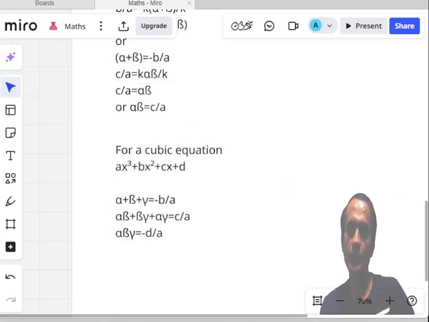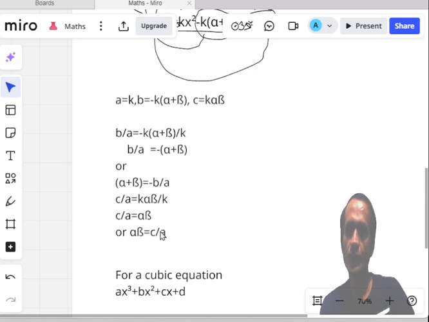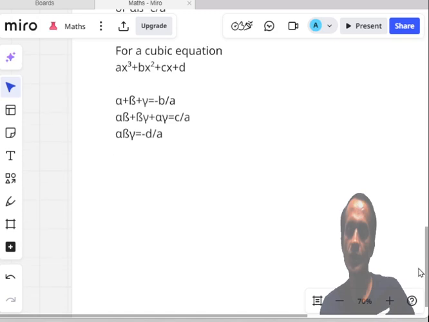As we had proved for a quadratic equation, the same way we can prove it for a cubic equation. Now we'll go and solve some of the problems.